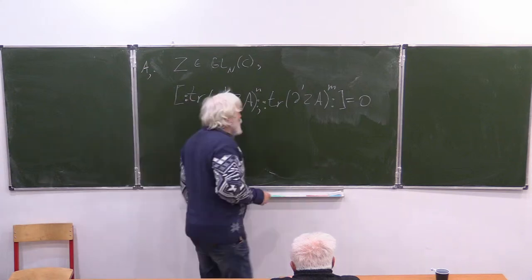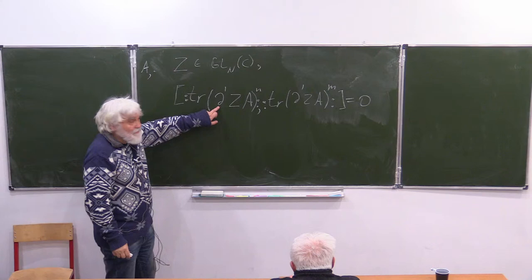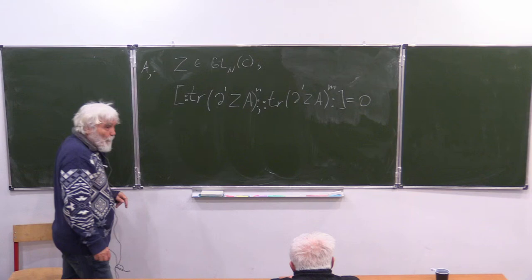Normal ordering means that this differential operator doesn't act on coefficients of this very operator, but acts on coefficients of this operator. Clear? Acts on coefficients of Z. Yeah. I will not use that Hermitian. Okay. I will return to it when I speak about random matrices.